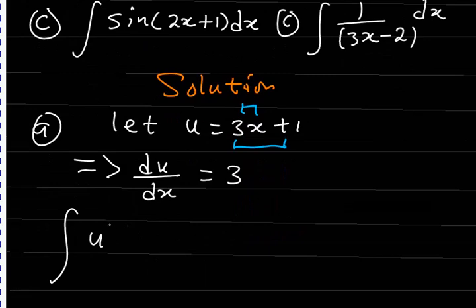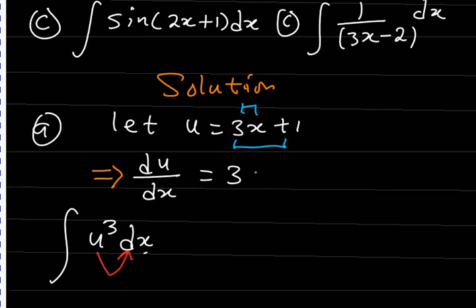So this will be u cubed with respect to x. Now, as you can see, there's no way I can integrate u with respect to x. It's not possible. So that is the reason I brought this derivative, so that I'll be able to replace the x with the u.